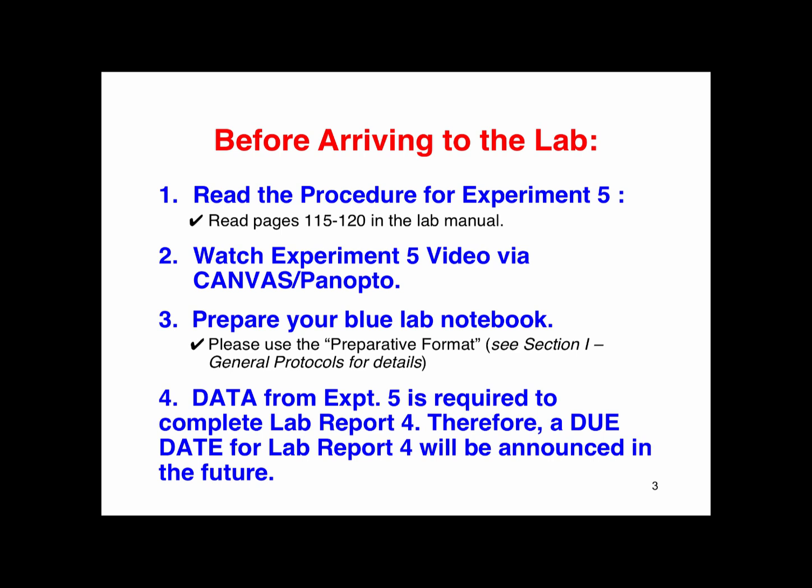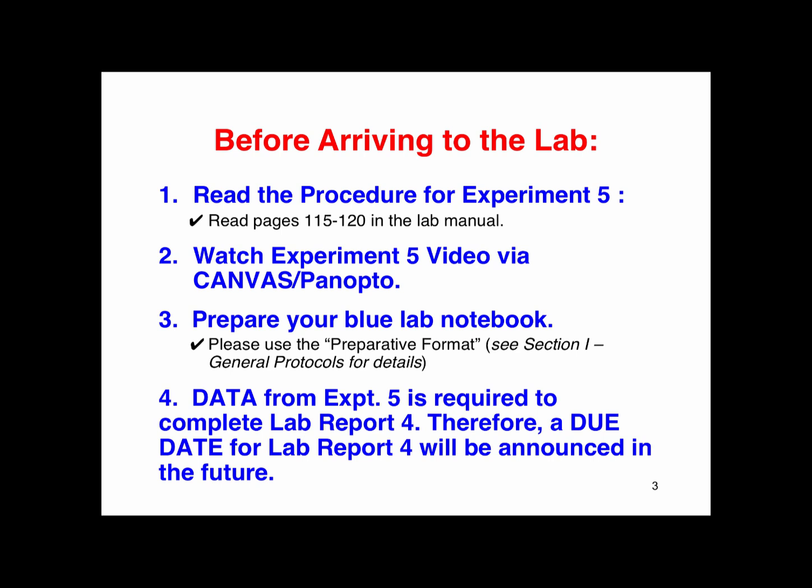Just so that you know, there's no lab report for experiment 5, so you won't have to hand in a lab report for experiment 5. However, data that you'll collect in experiment 5 is required for you to complete lab report 4. So it has to do with the acetanilide.